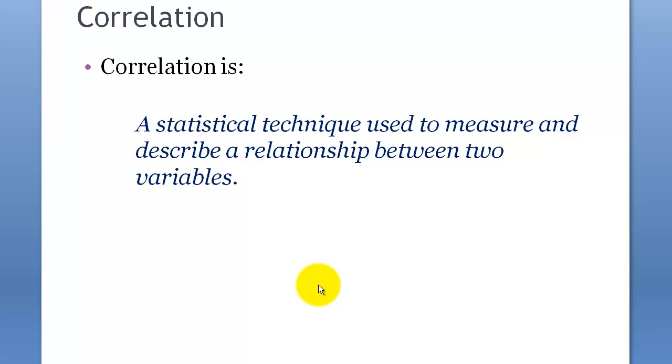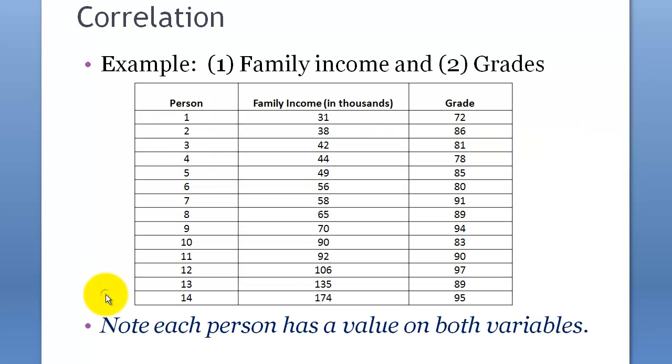Correlation is a statistical technique used to measure and describe a relationship between two variables. For example, finding out the relationship between family income and the grade is an example of this.